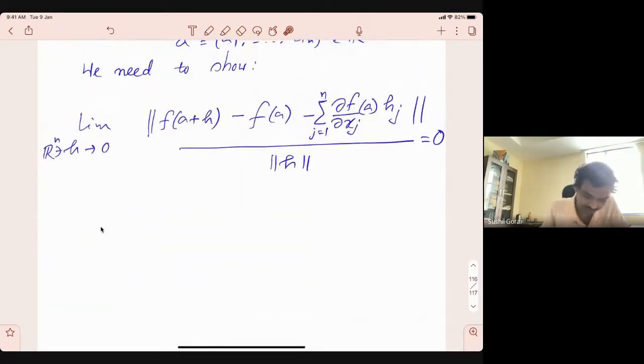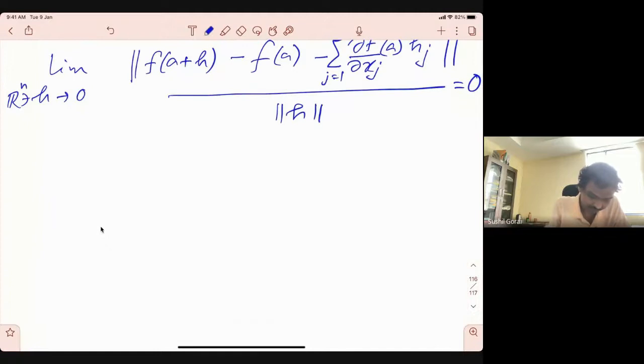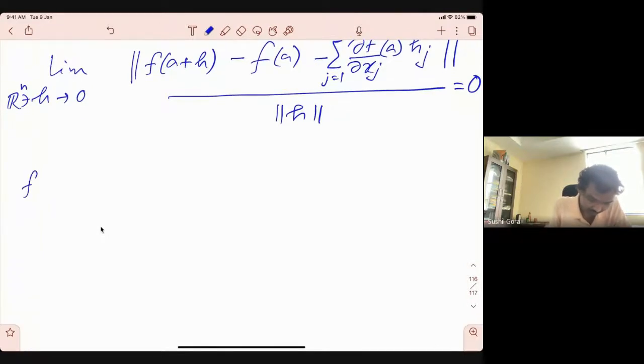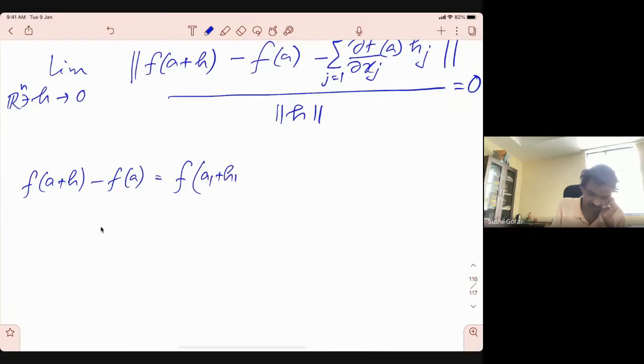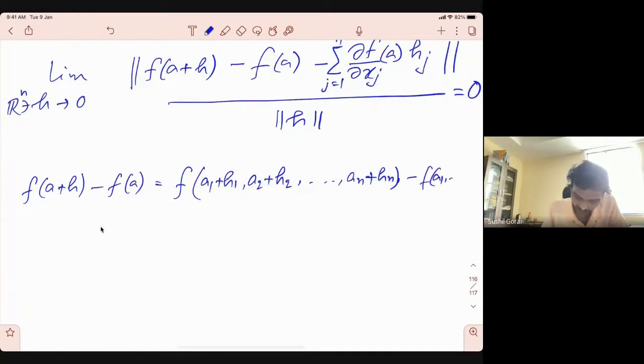Now let us look at this part. What do we focus on now? So f of a plus h minus f of a. What is this? This is nothing but f of (a1 plus h1, a2 plus h2, ..., an plus hn) minus f of (a1, a2, ..., an).